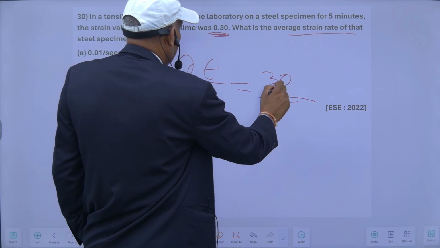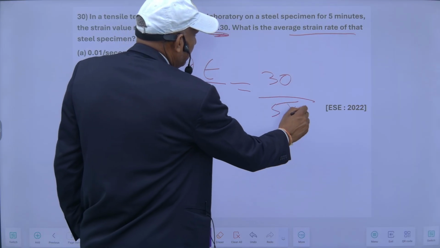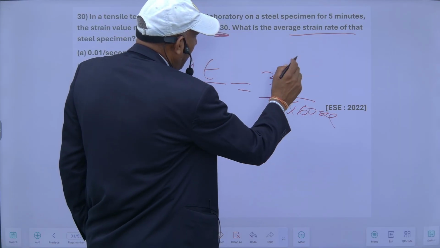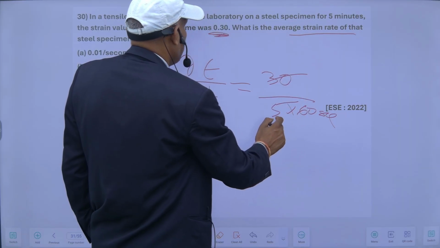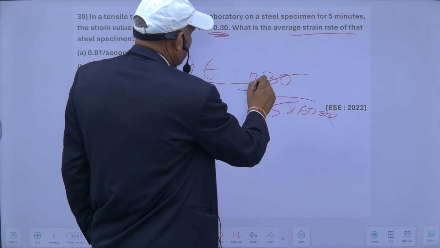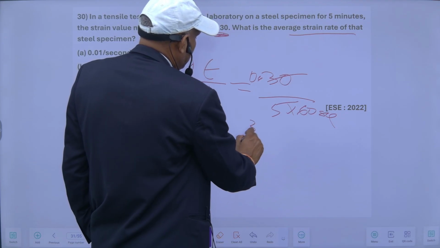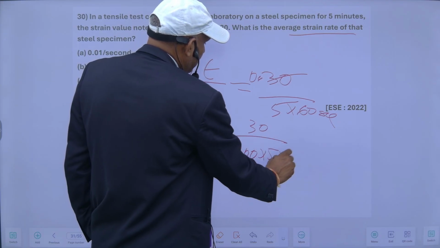So this is strain, this is 5. This is minute. So this will be in second. This is 0.30. So 0.30 means 30 on 100 into 5 into 60.